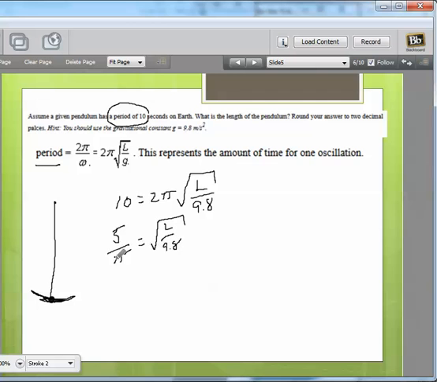If we square both sides of the equation, it goes away. 25 over pi squared is equal to the length divided by 9.8. I can multiply by 9.8, and I get 25 times 9.8 over pi squared is equal to the length. That's how you go about getting that.